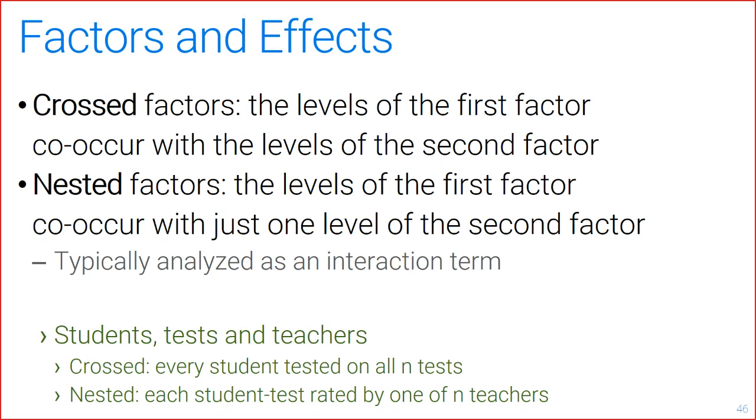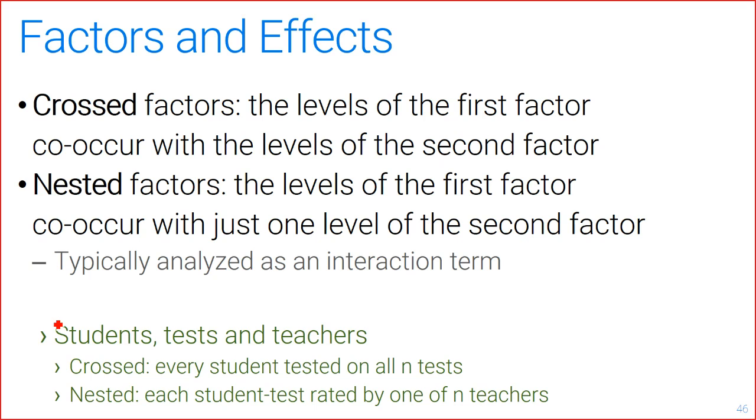The other differentiation we have is that the factors can be crossed or can be nested. Crossed means that the levels of the first factor co-occur with the levels of the second factor all the time. Whereas in nested factors, the levels of the first factor co-occur with only one level of the second factor. So let me give you an example, and it's going to be more clear.